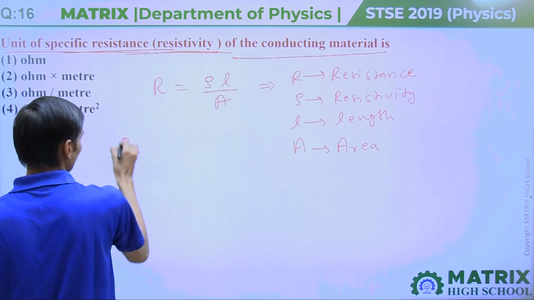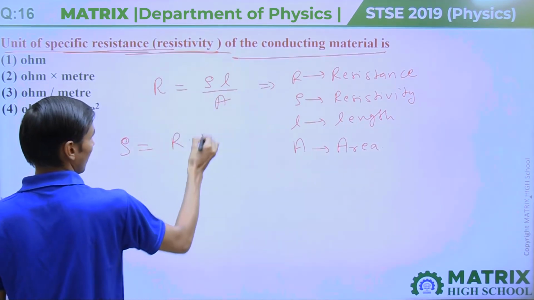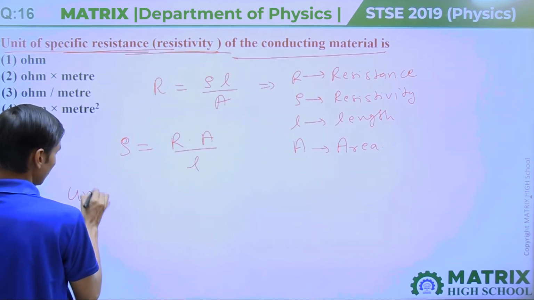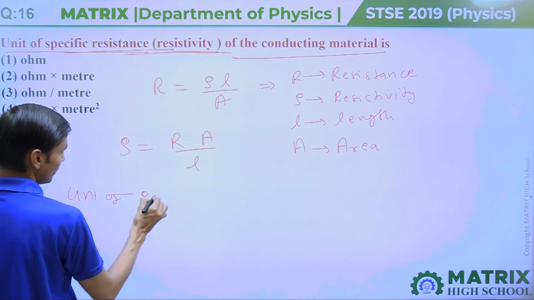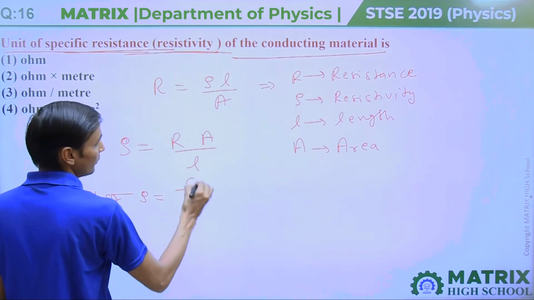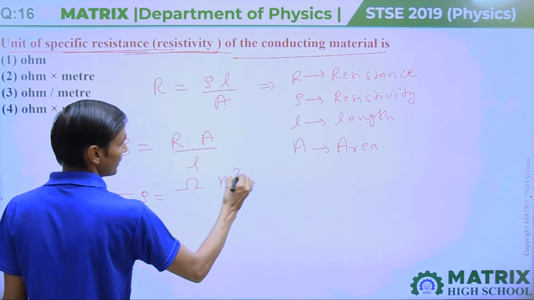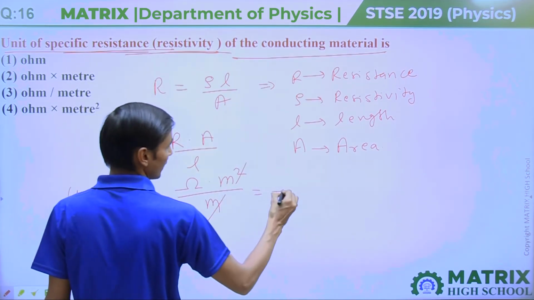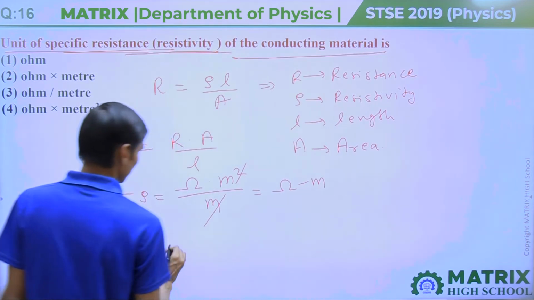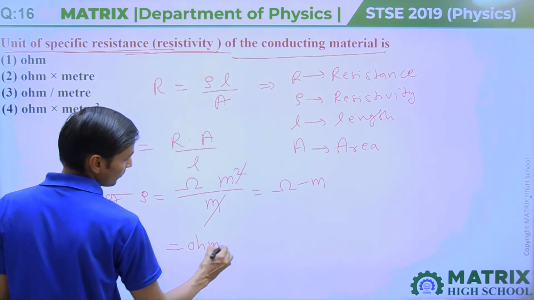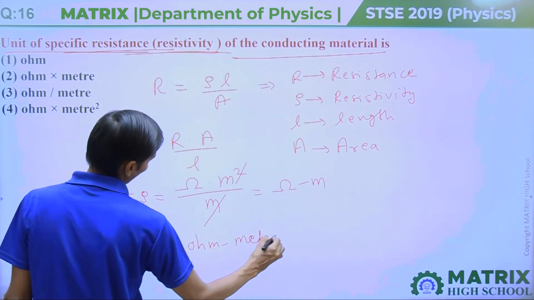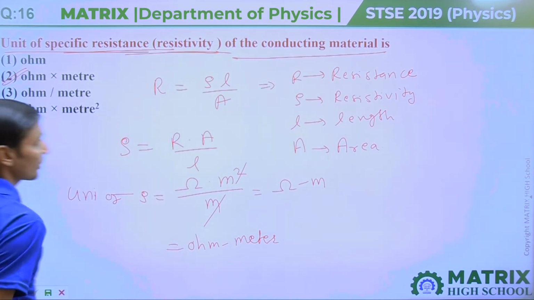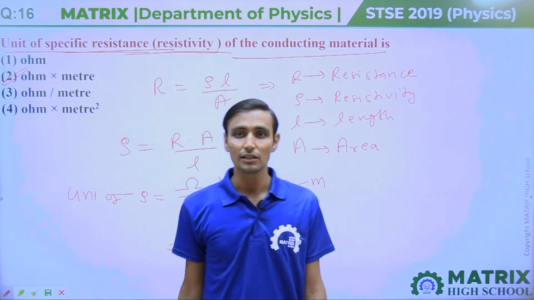So if we calculate rho, then it will come RA by L, and unit of resistivity rho equal to R will be in ohm, area will be in meter square, divided by length will be in meter. Meter cancel out, and it will come ohm meter. So unit can say ohm meter. So ohm meter option is given in second option. So your correct answer will be option second.